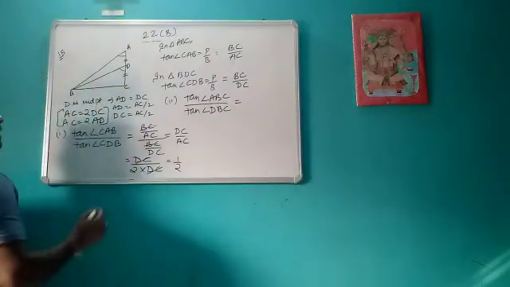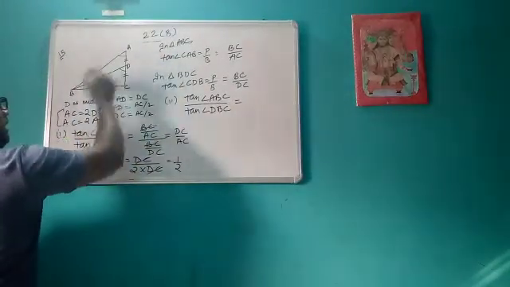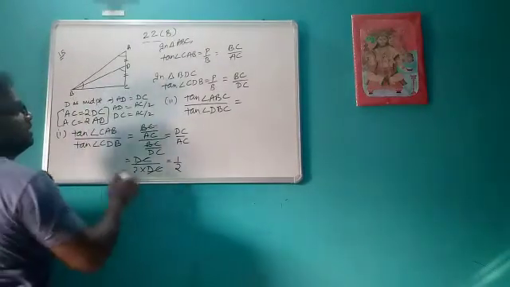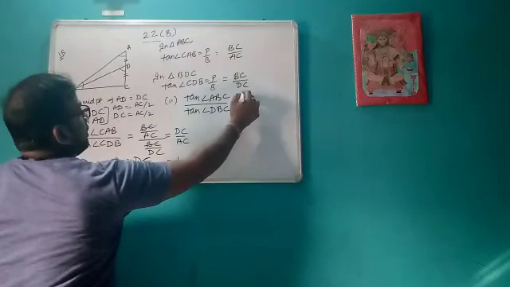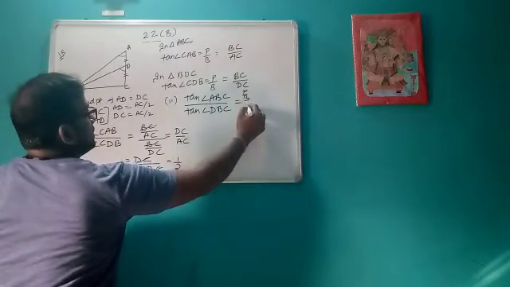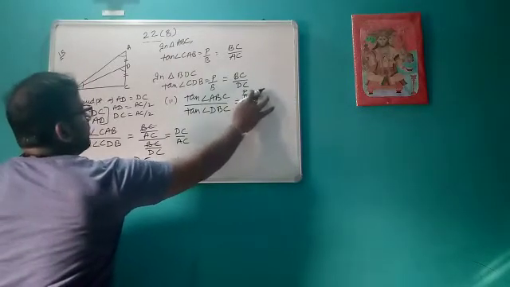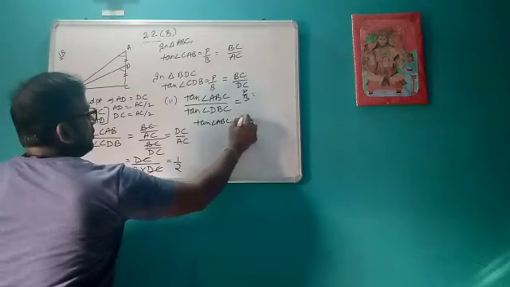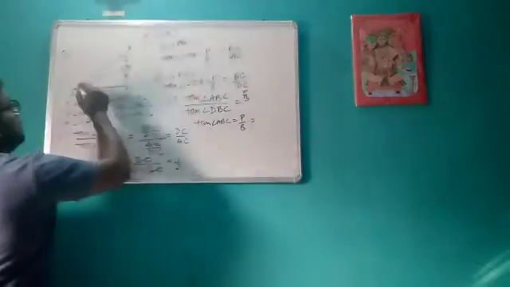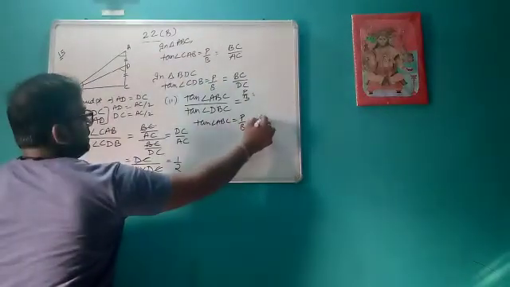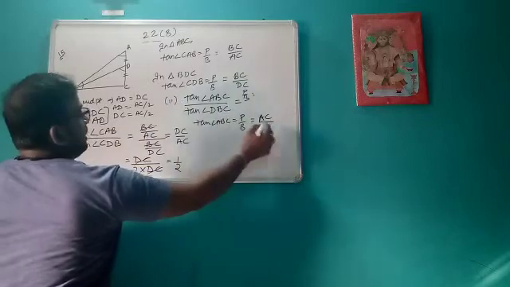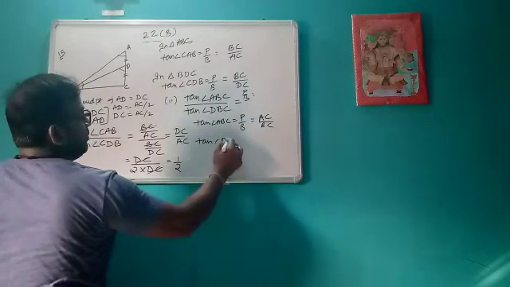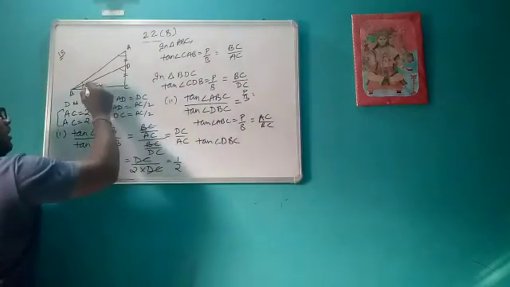Then the second thing which is asked is tan of angle ABC upon tan of angle DBC. So this is tan of angle ABC. It is perpendicular upon base, and the perpendicular for this ABC will be AC, and the base will be BC. Similarly, tan of angle DBC, this is the small angle.